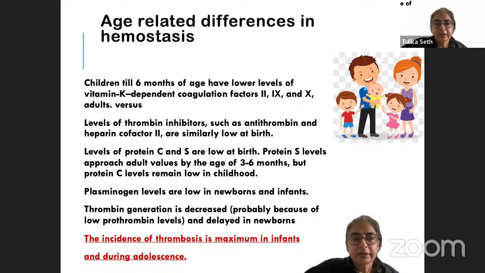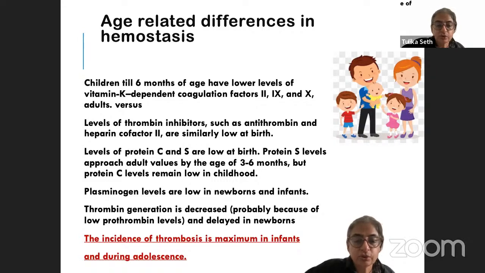So why, again, is it important to understand the different ages of the children that you're dealing with? As I said, the protein C, protein S levels are low at birth. And in fact, it doesn't even approach the adult value till about 6 months for protein S. And protein C levels remain low all through childhood.